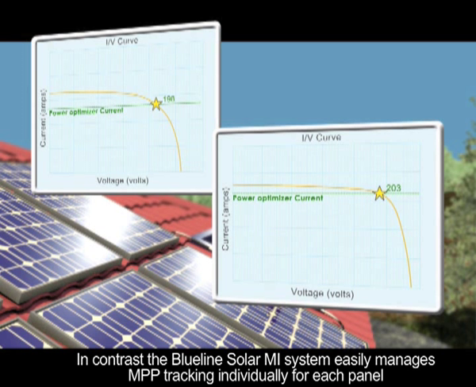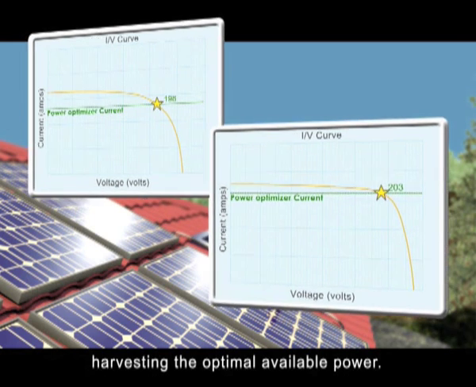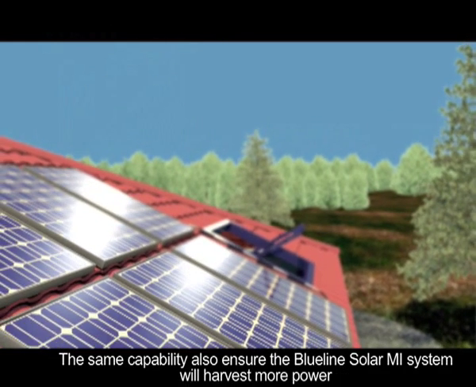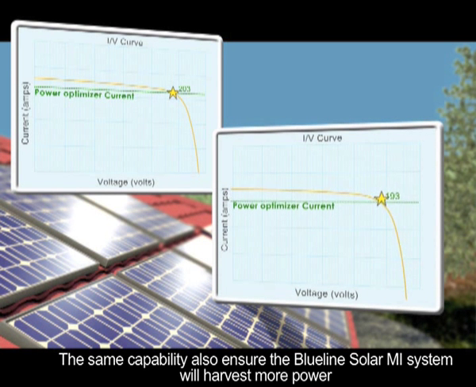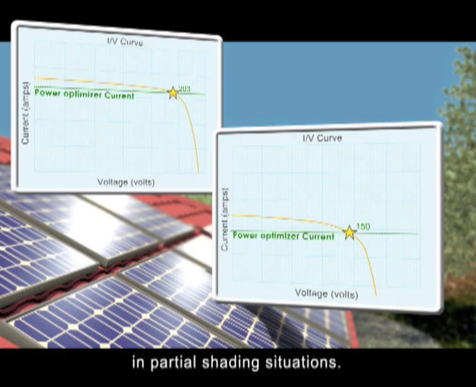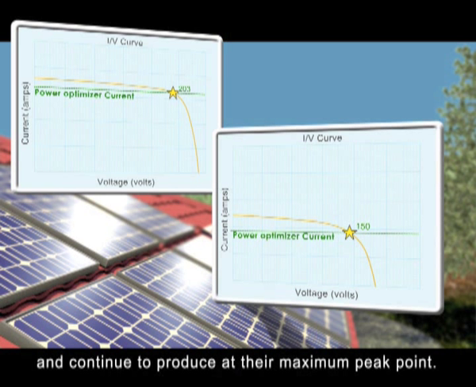In contrast, the Blueline MI solar system easily manages MPP tracking individually for each panel, harvesting the optimum available power. The same capability also ensures that the Blueline MI solar system will harvest more power in partially shaded situations. The shaded panel produces as much as it can, while other panels in the string are not affected and continue to produce at their maximum peak point.